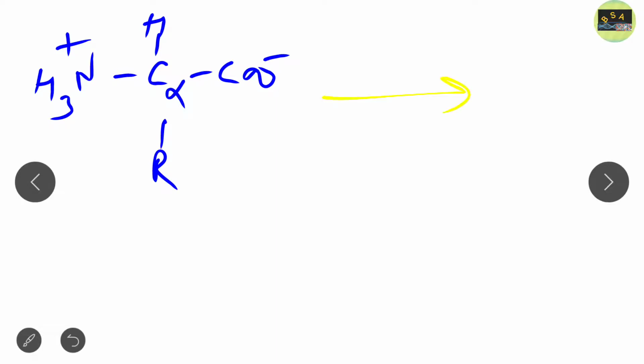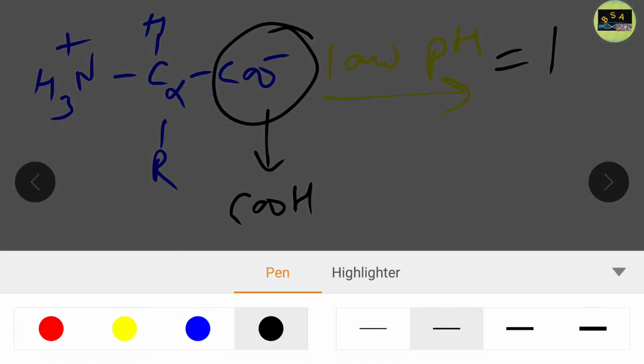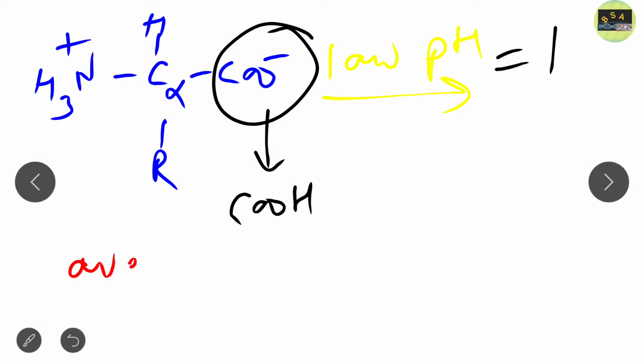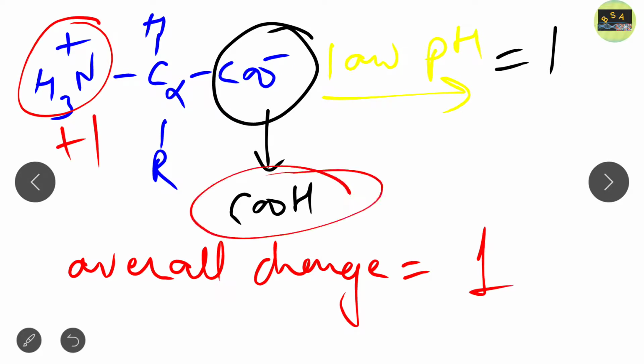a solution of very low pH, let's say pH 1, then what happens? Then this COO minus becomes COOH, and the overall charge of this molecule becomes +1, just this charge, because the carboxyl becomes neutral. Why does this become neutral?